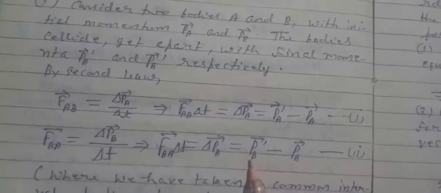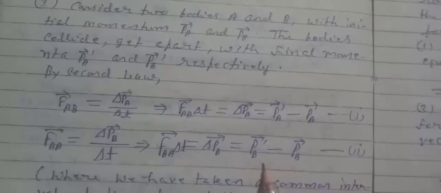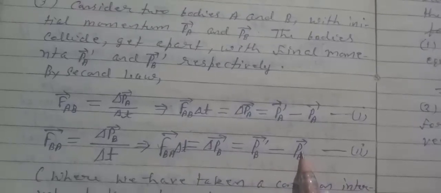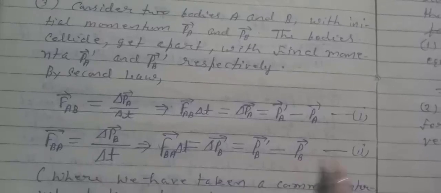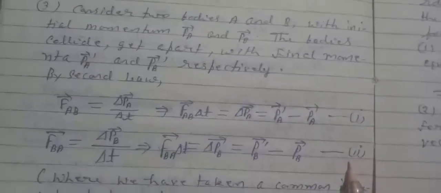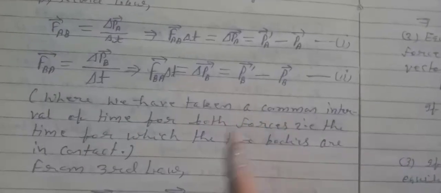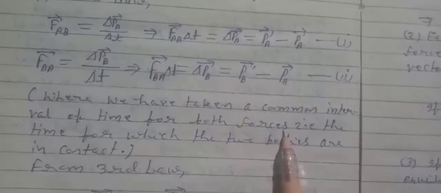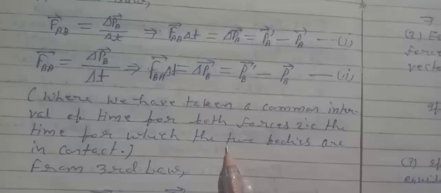Here PB dash vector is the final momentum of body B and PB vector is the initial momentum of body B. This is equation 1 and this is equation 2. Here we have taken a common interval of time for both forces, that is the time for which the two bodies are in contact.